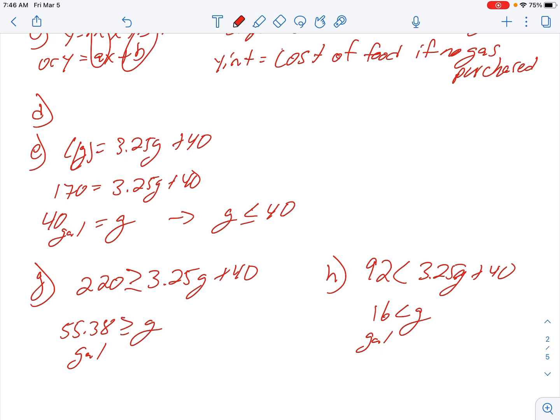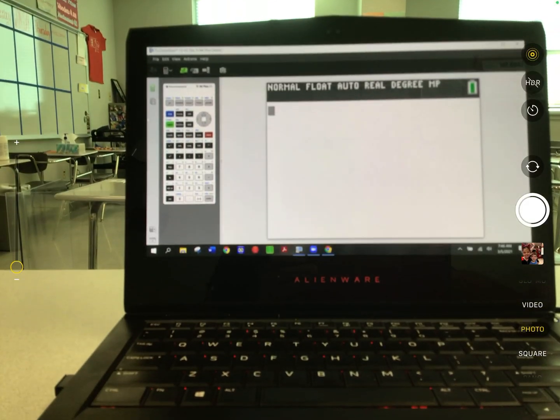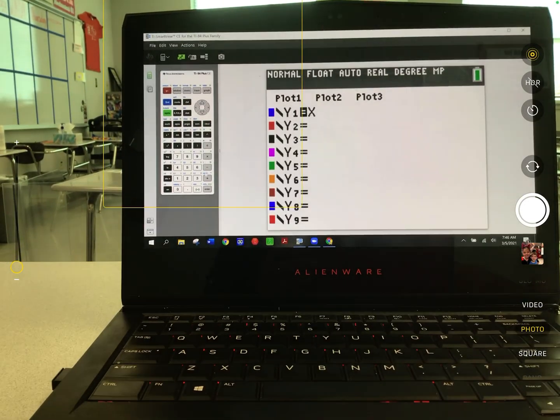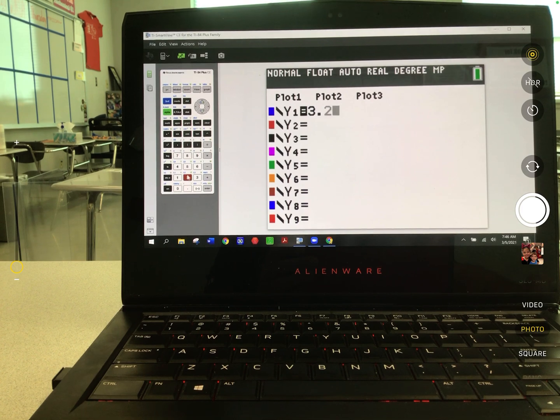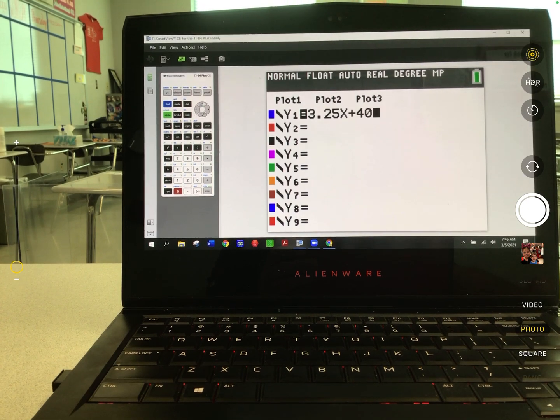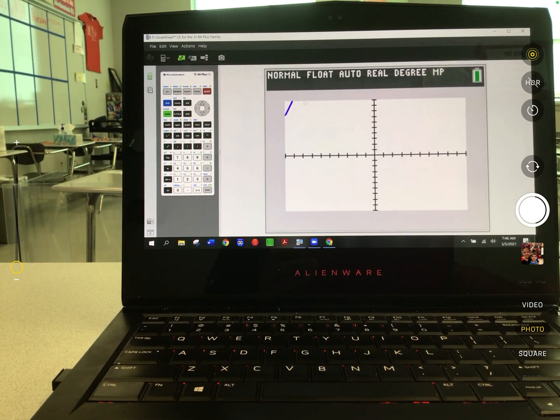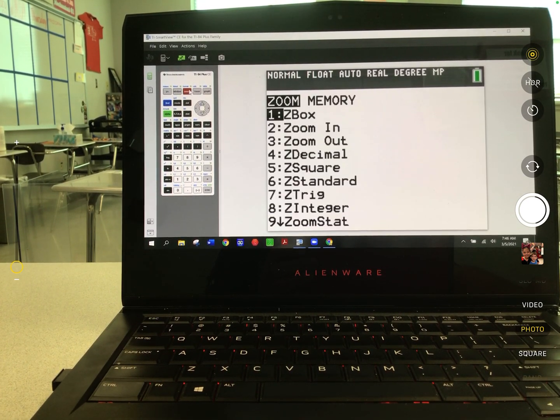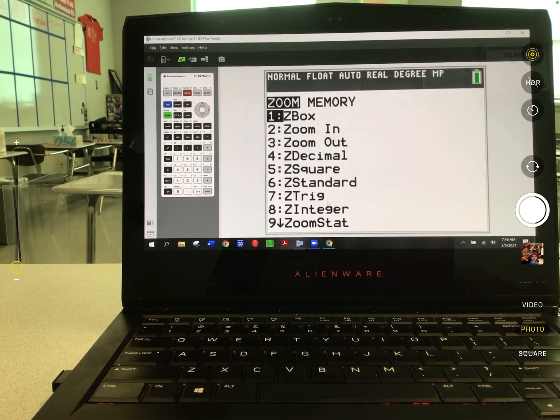Now, going back up real quick to part E, to just say make your graph. I'm not overly concerned about that, but just as a reminder, as we go ahead and type that in, 3.25, and we use the X button for our variable instead of G, plus 40. We hit graph. It's out the window, as we've done before.